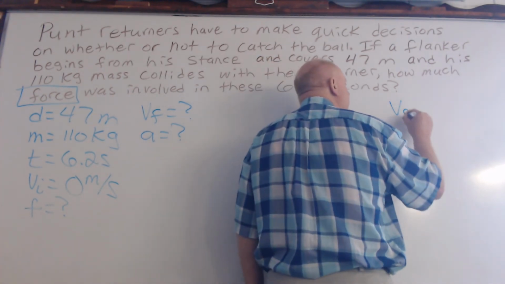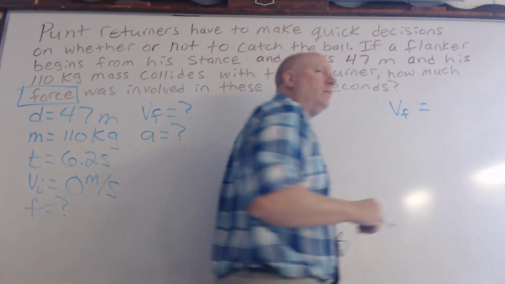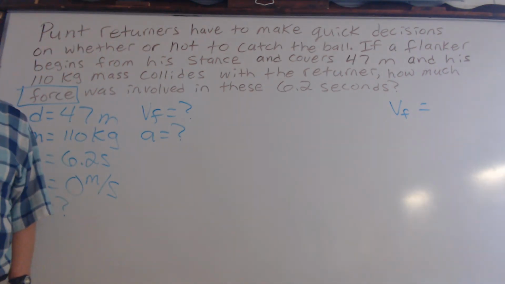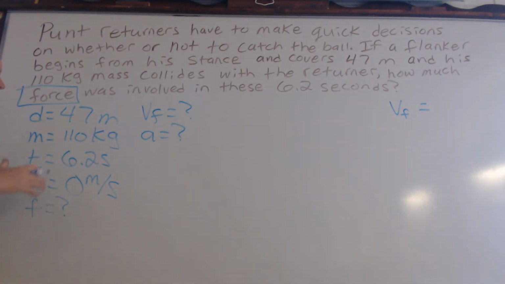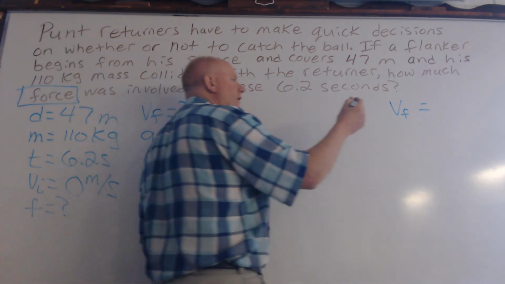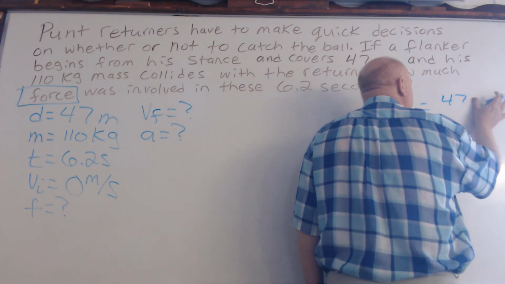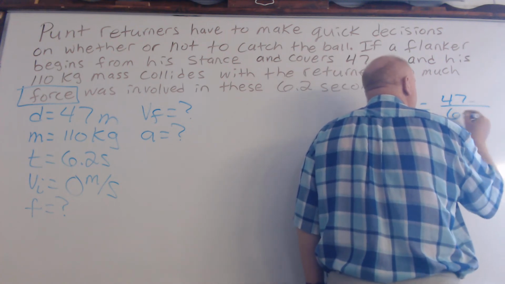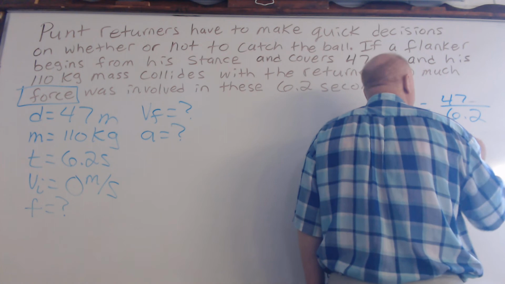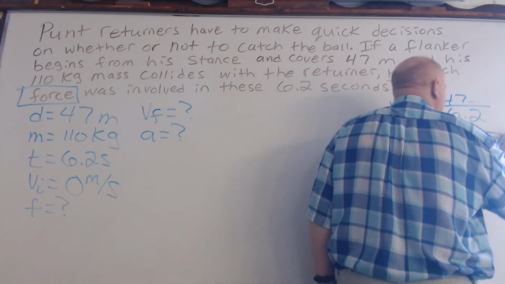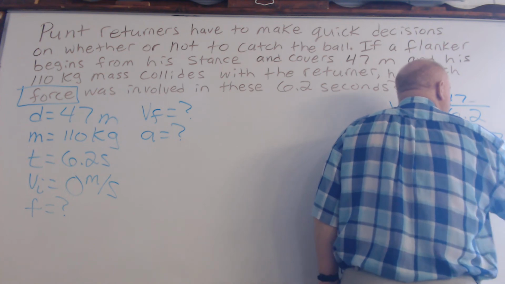So in that case, how would we solve for your final velocity? 47 divided by 6.2, and it's 7.58 meters per second.